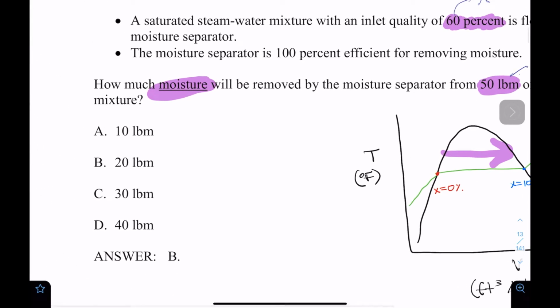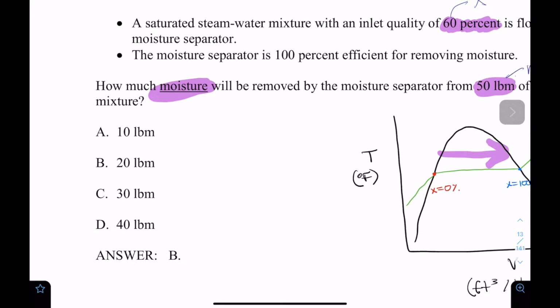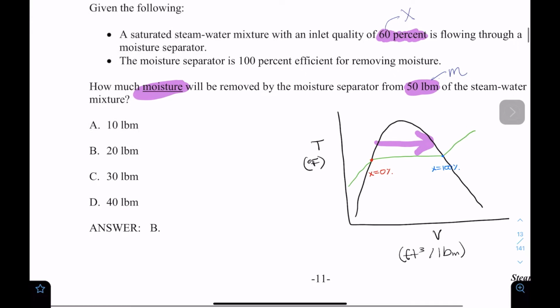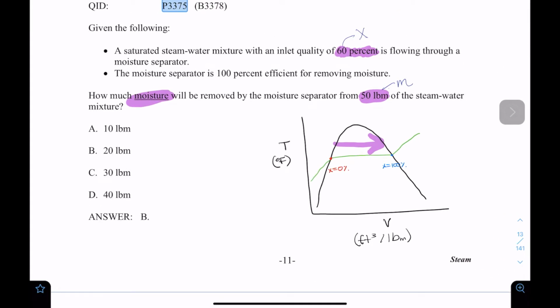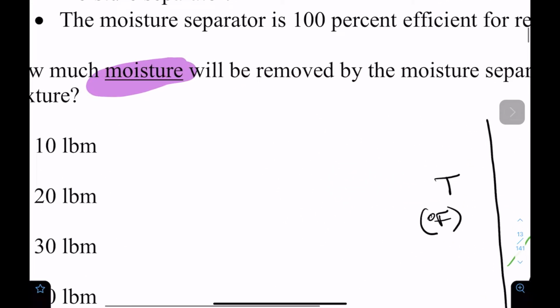So it says how much moisture will be removed by the moisture separator from 50 pounds of the steam water mixture. So we have the total mass, M, is 50 pounds.